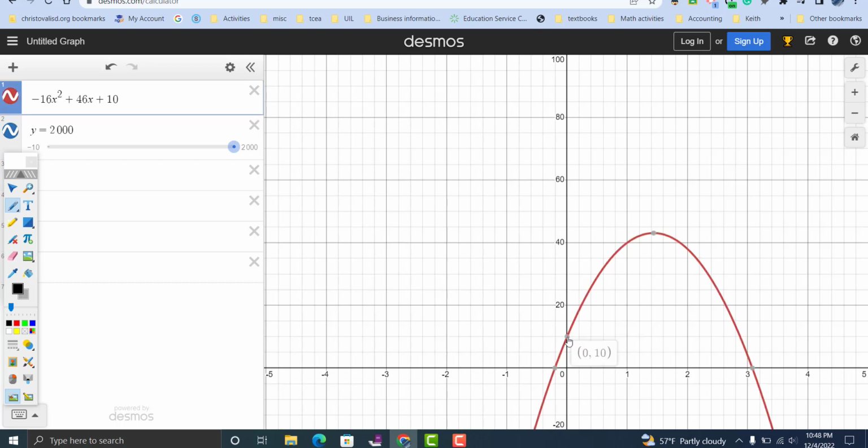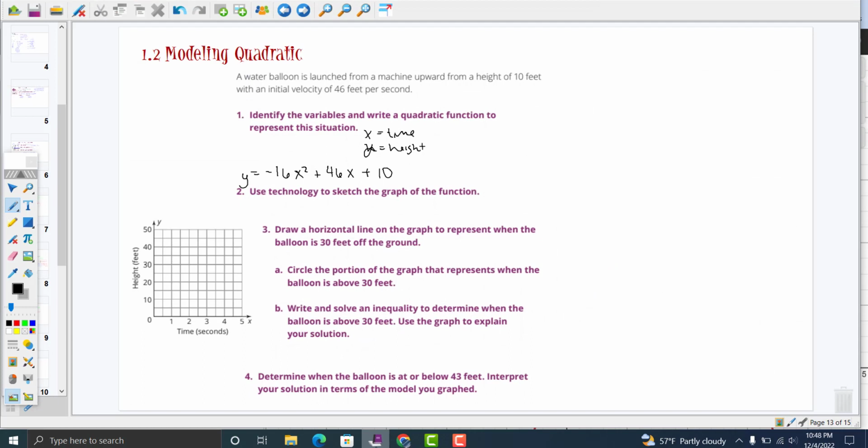So my initial height was 10, so that tells me my y-intercept. And it looks like I landed at 3.078, so it took me about 3 seconds to land. And so we want to take and graph this. And we want to know when the balloon was 30 feet off the ground.